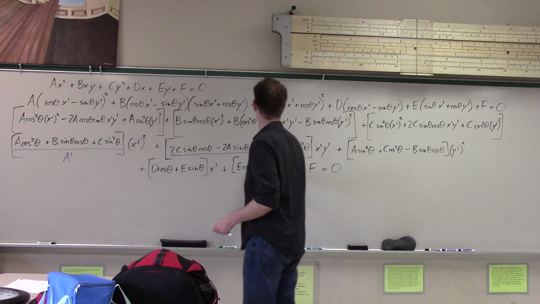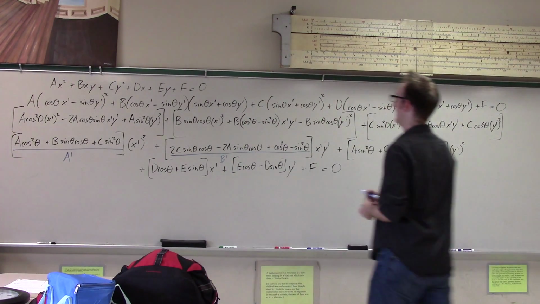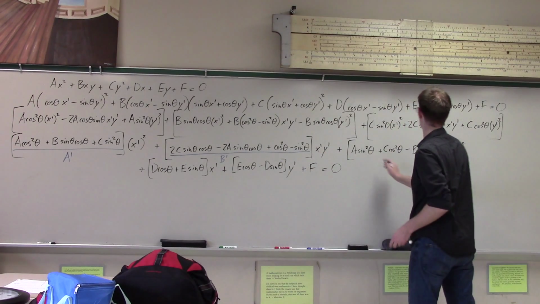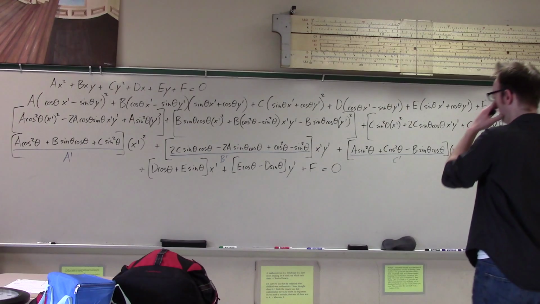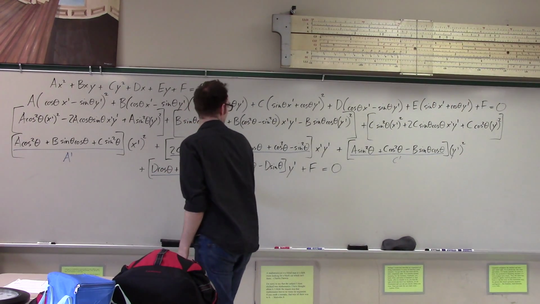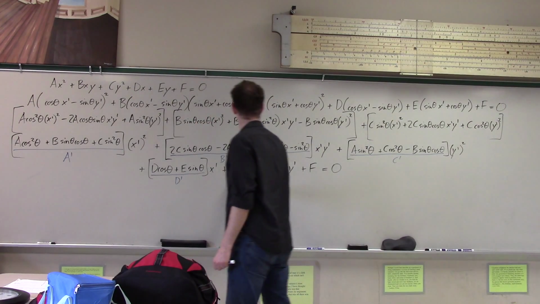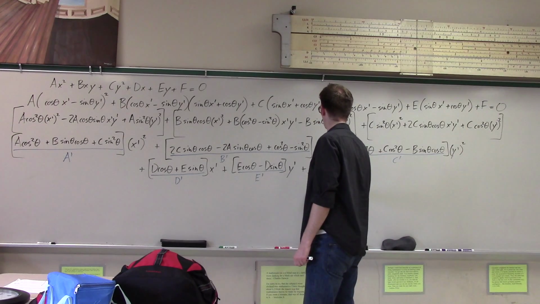This whole thing here is B prime, the coefficient of the x prime y prime term. This whole thing is C prime, the new coefficient of the y prime squared term. This is D prime, this is E prime, and F just is F prime.